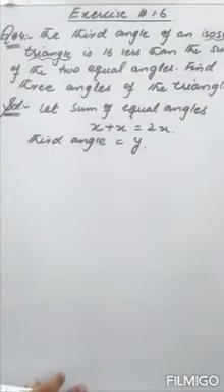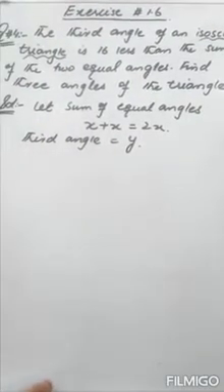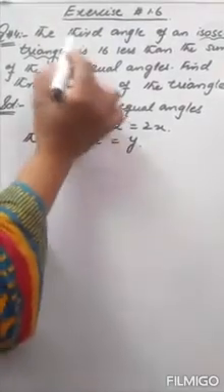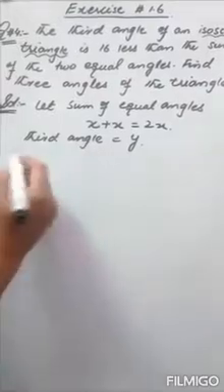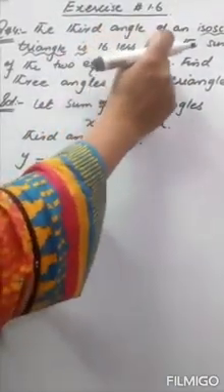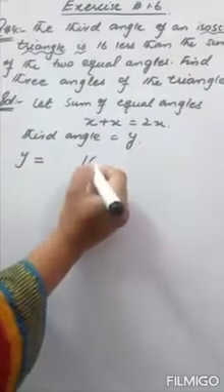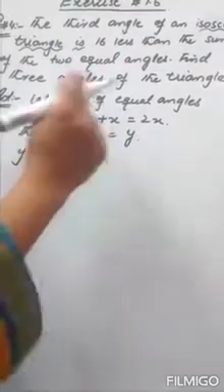Now according to the statement, I will make the equation. The third angle of an isosceles triangle, which I have supposed as y, is equal to 16 less than the sum of the two equal angles. 16 less than what?